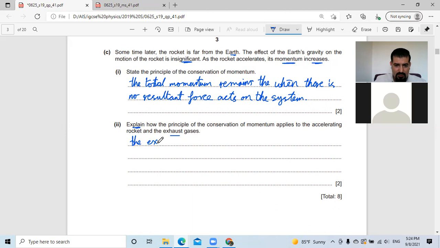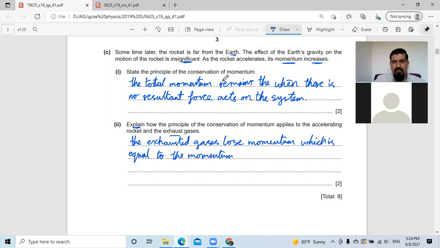The exhausted gases lose momentum, which is equal to the momentum gained by the rocket, by causing impulse and force on it, and this force causes the acceleration.